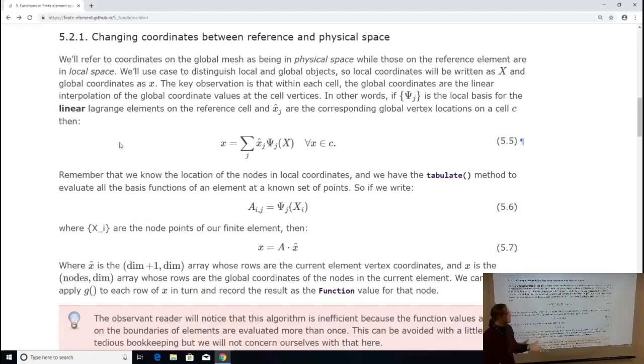So it's a finite element representation in terms of the local space. And we know the location of all the nodes in local coordinates.